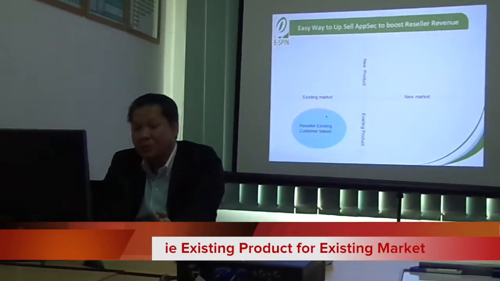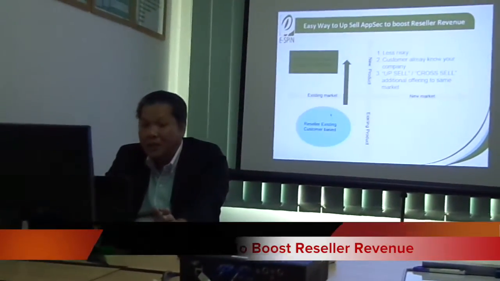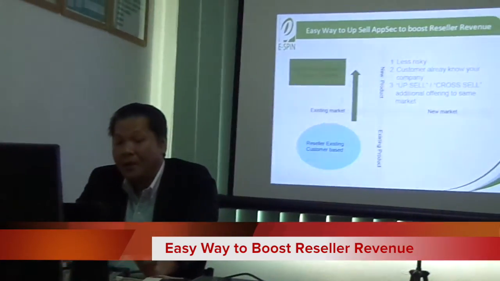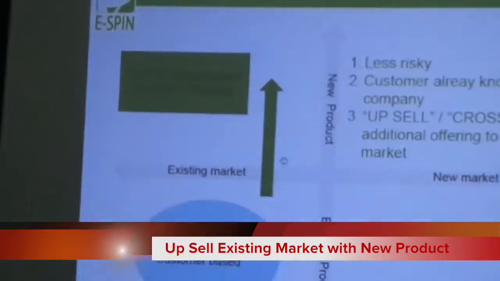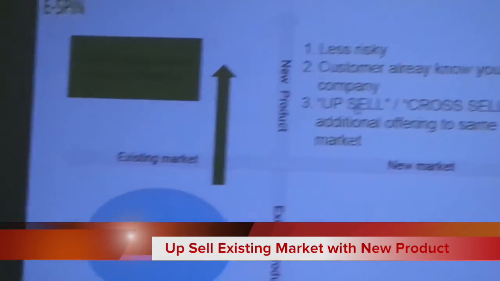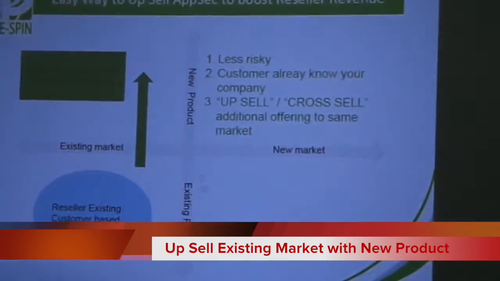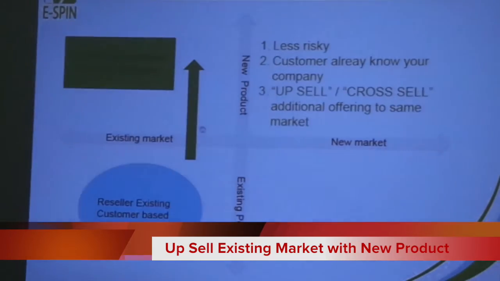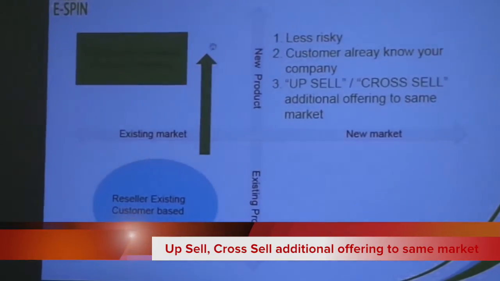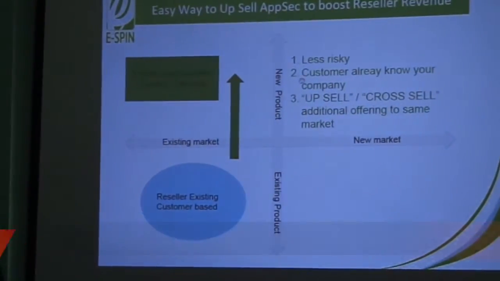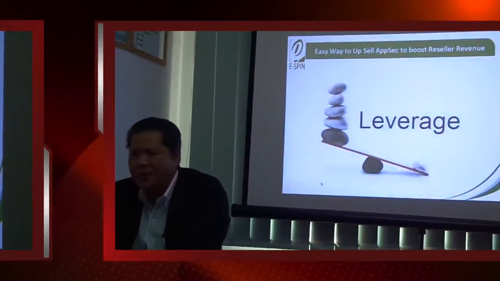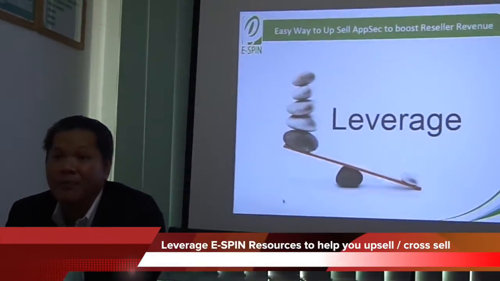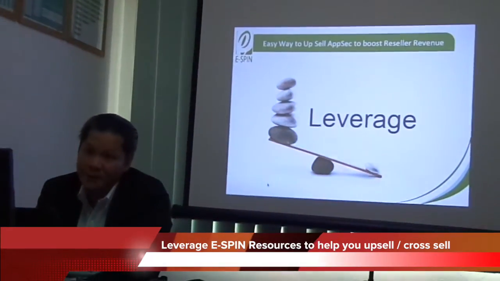The best way to do it is from your existing customer, offering a new product as part of upselling, or crossing over is cross-selling. Why? Because they know you. Secondly, it is less risky, and this is the fastest. They are maintaining people there, but they are not good in those things.